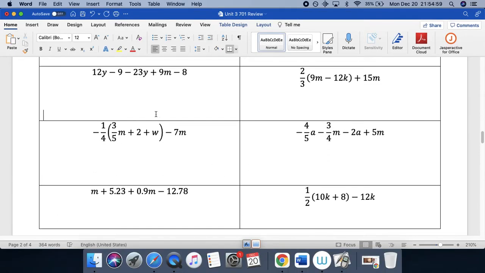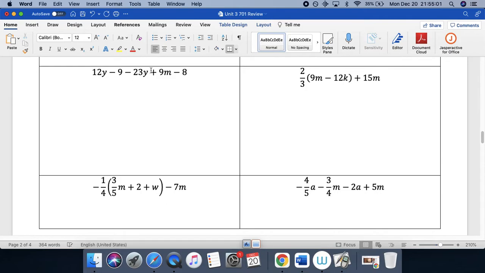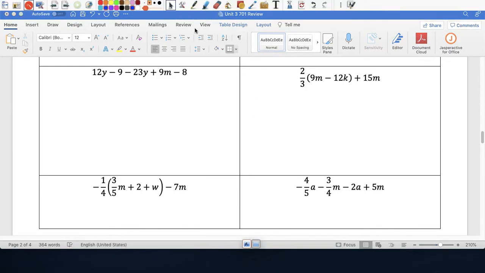Okay, so there's a lot of distributive property here, so just gonna practice. Can I combine anything? Yeah, I can combine 12y minus 23y, and that is going to be negative 11y. Negative 9 and negative 8 is going to give me negative 17, and then plus 9m.